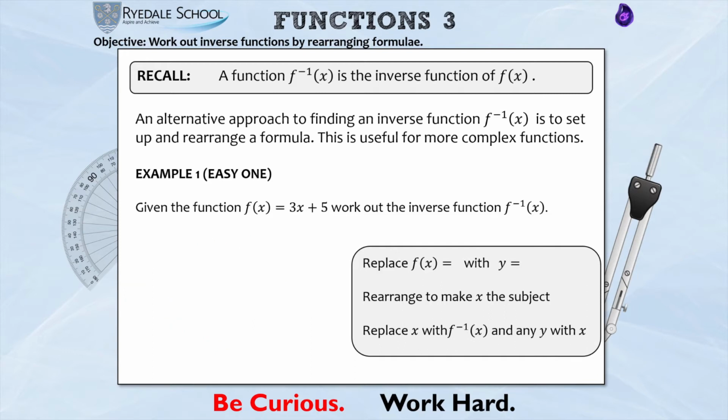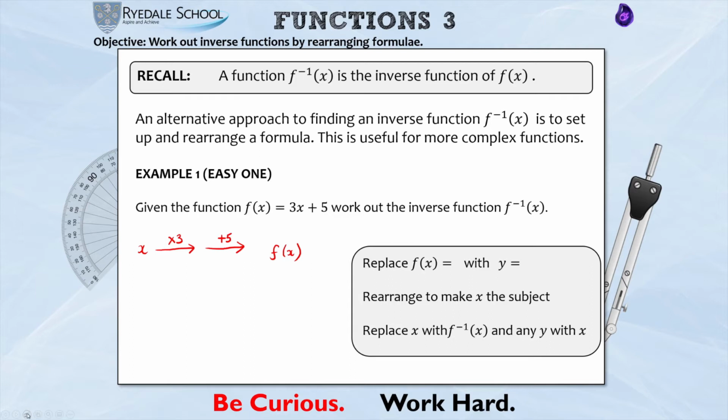So it's probably worth just convincing ourselves that this has actually worked. Now, obviously, if we were doing this using our prior method of function machines, we would have said that the function machine 3x plus 5 is a timesing by 3 machine, plusing 5, and f of x popped out.